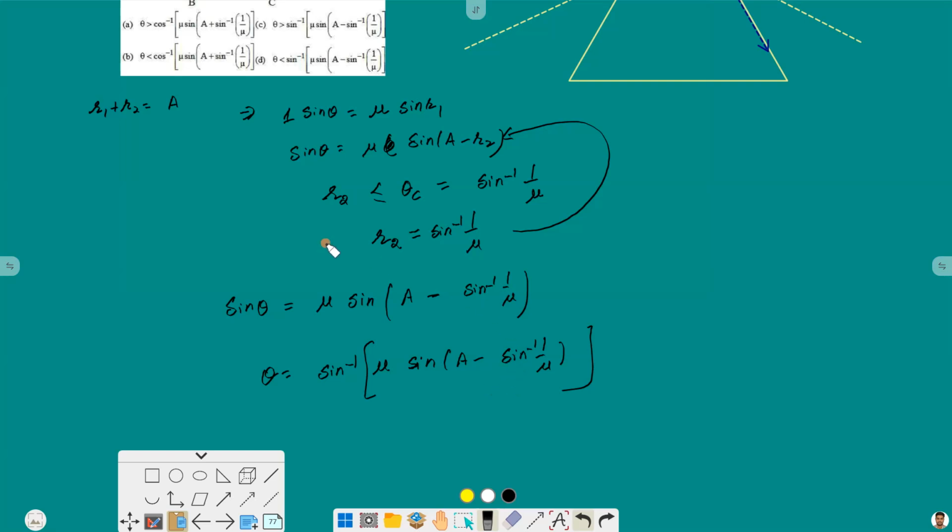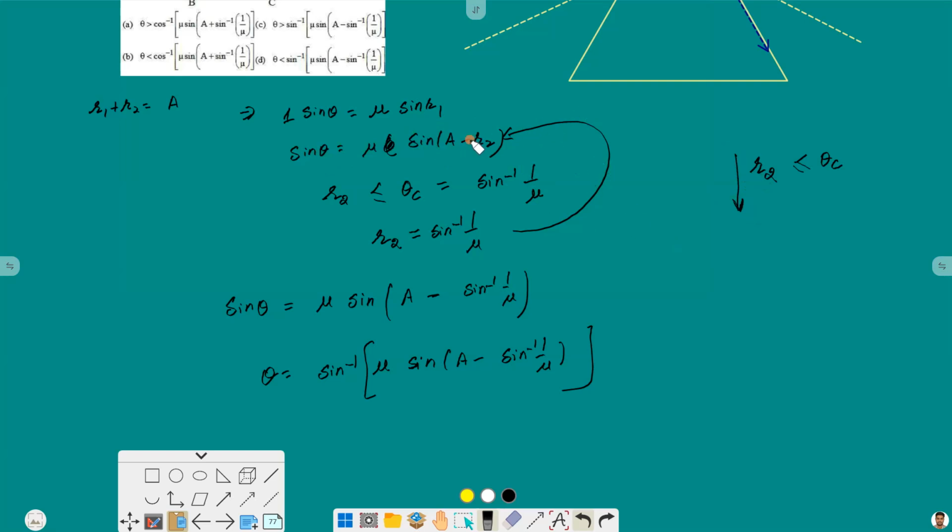Now let us come to whether theta will be greater or smaller, because we just solved for equality, we haven't solved for inequality. So we want R2 to be less than the critical angle. Now how are R2 and theta related?